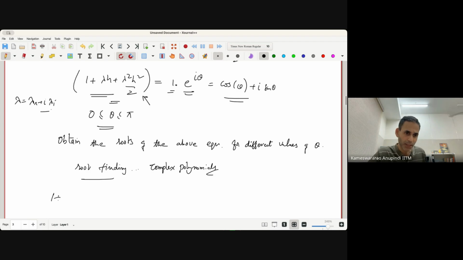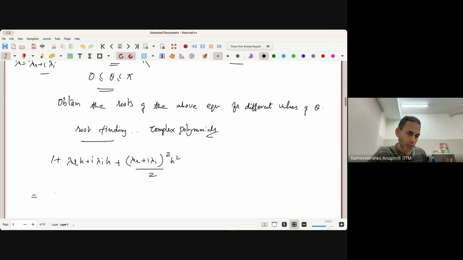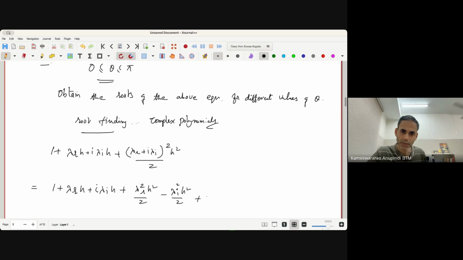For example, I can write this as 1 plus lambda r h plus I lambda I h plus lambda r plus I lambda I, whole square, times h square by 2. That gives 1 plus lambda r h plus I lambda I h plus lambda r square h square by 2 minus lambda I square h square by 2, and then plus 2 lambda r lambda I, where the 2 in the denominator will cancel, giving I lambda r lambda I h square.